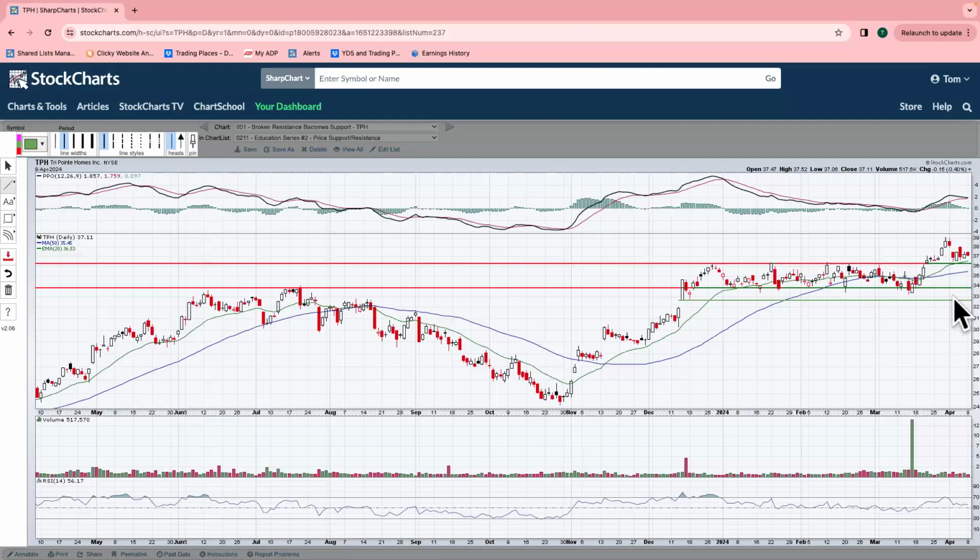But you've got some pretty good gap support right here. We came down, we held that. So anytime you're in this zone, you've got this price support area. You can see a nice hammer printed on this support level right there. You had a nice reversal. We were below intraday, came back up, finished all the way back above the 50-day moving average there.